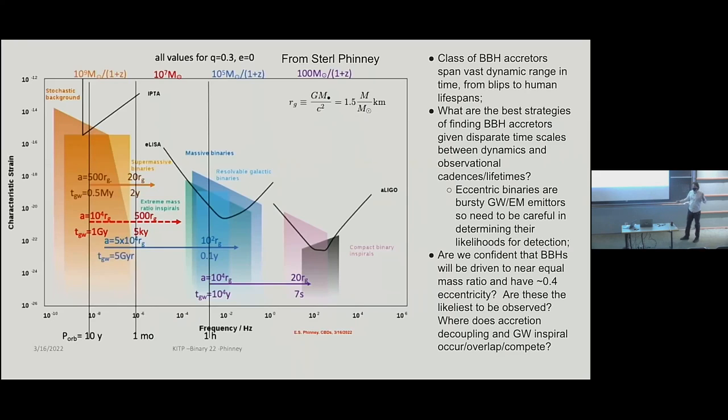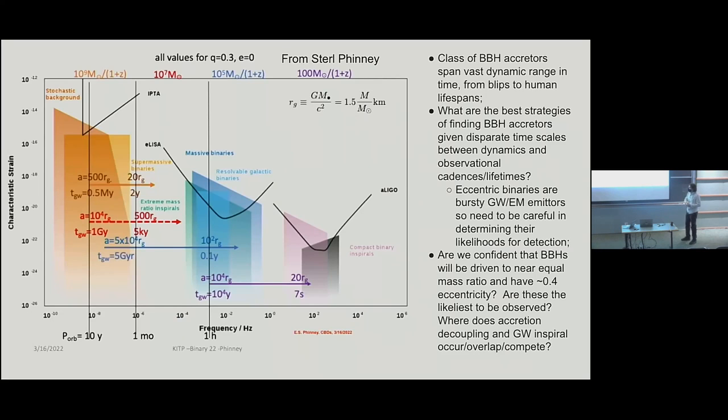So we have to be aware of these vast timescale differences, and if we're aiming to see these things in gravitational waves or light, then we need to be cognizant of the fact that these observations take periods of time. Also, these observations are using instruments that have finite lifetimes. So what are the optimal instruments, pointing strategies, wavelengths, frequencies that we need to look at?